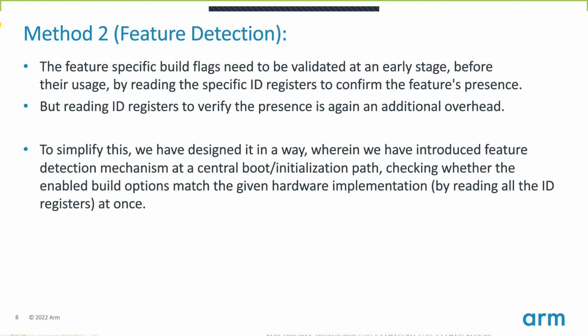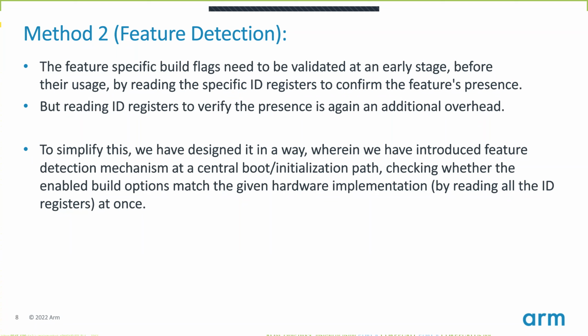Whichever build flags have been enabled from the platforms or from the users, during boot time we will read the ID registers which are specific to those particular build flags, and verify that the particular feature is present in the PE. If not, we will stop the booting at that moment itself. We will not proceed till runtime and then see the exceptions at a later part. We will try to prevent the exceptions at an early phase.